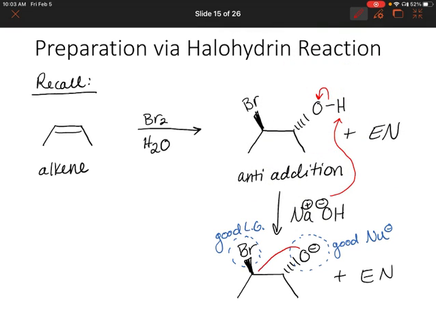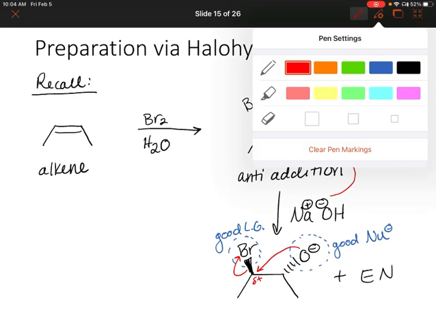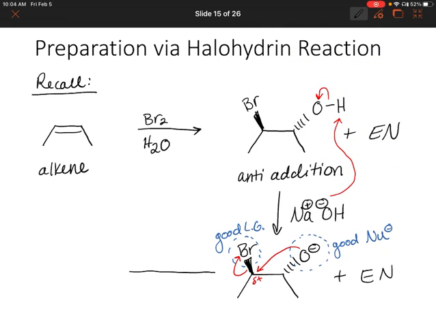So oxygen's going to attack the partial positive carbon bonded to bromine, and then bromine is going to leave because it's a good leaving group. And let's just write down intramolecular SN2 reaction, just so we remember what that's called there.